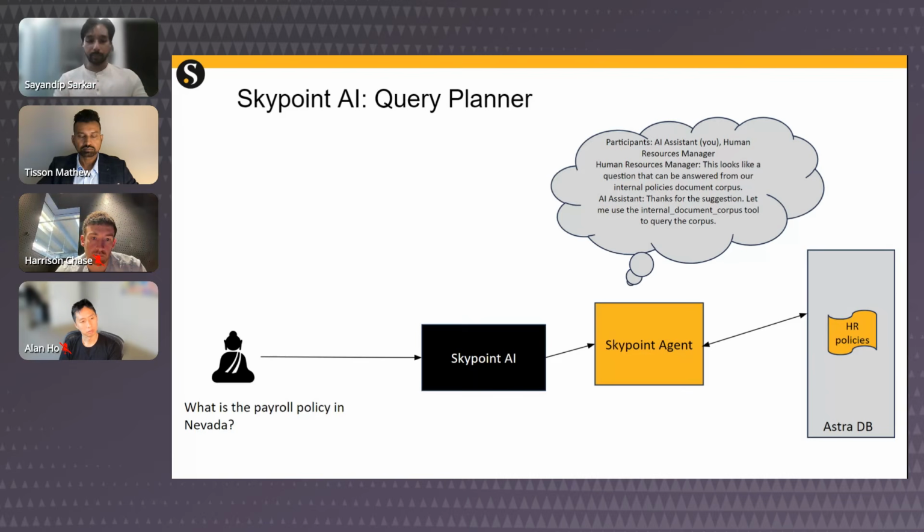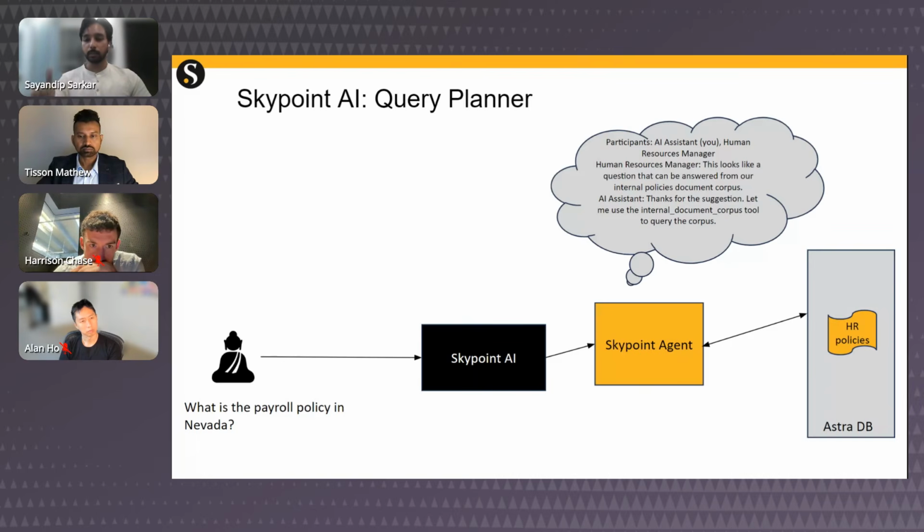So let's say in this example, you have a question related to an HR policy, right? The LLM comes up with the participants. In this case, it will be an assistant and a human resource manager. Then the human resource manager takes a look at the question and realizes that it should query the unstructured data source to come up with the answer.